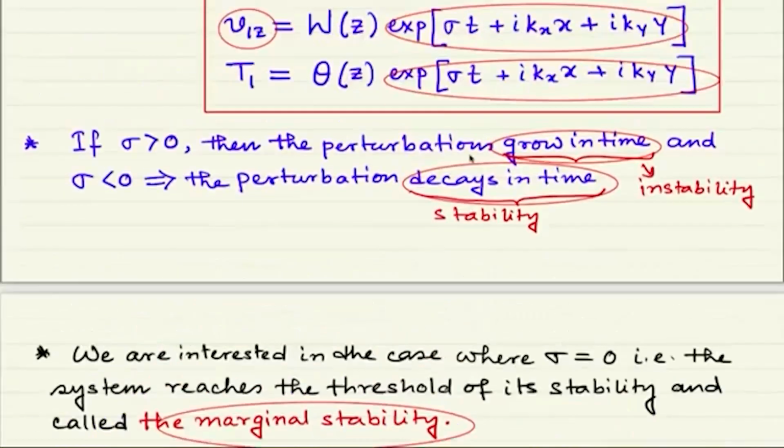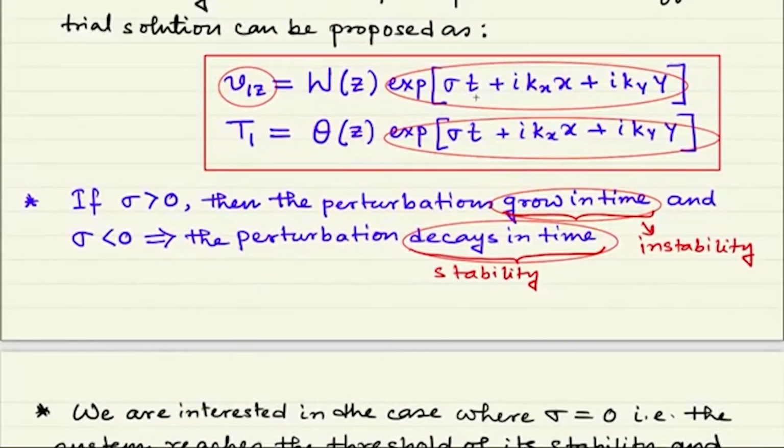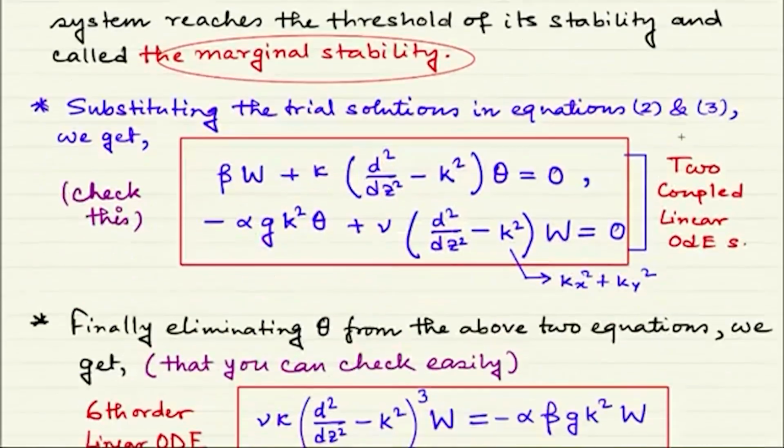Our study will be confined within this regime of marginal stability. So the t-dependent part will go away, and we simply have v1z equal to W of z times exponential of i kx x plus i ky y, and T1 equal to Theta of z times exponential of i kx x plus i ky y.